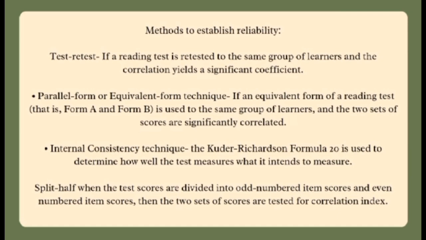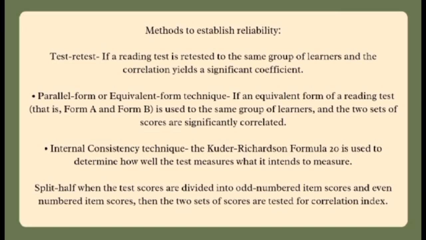If a student performs consistently across all these items, either all correct or all incorrect, the test demonstrates high internal consistency. If their performance varies widely, indicating inconsistency in measuring the same skill, the internal consistency is low. This is often measured using Cronbach's alpha.